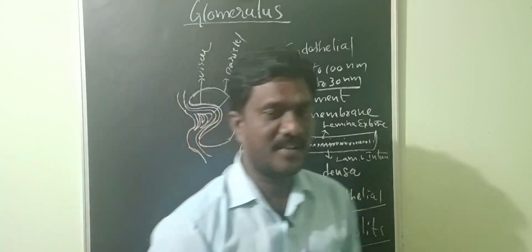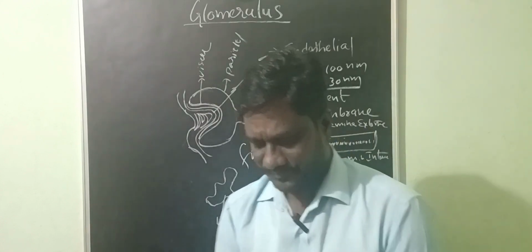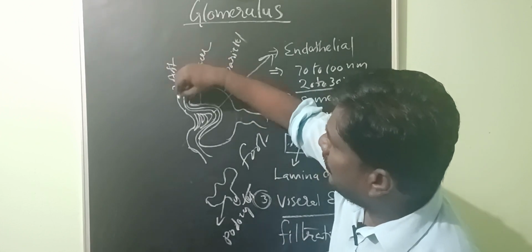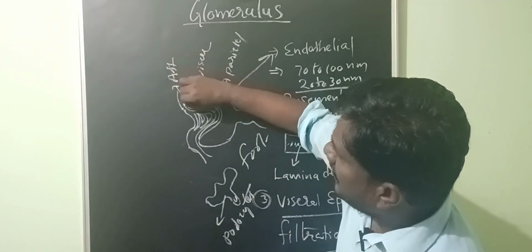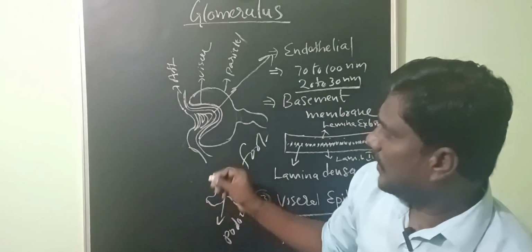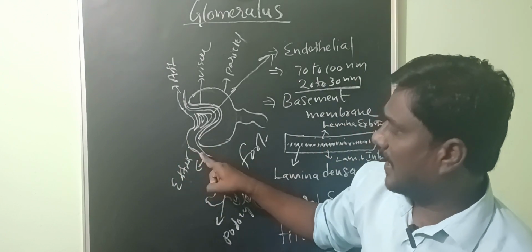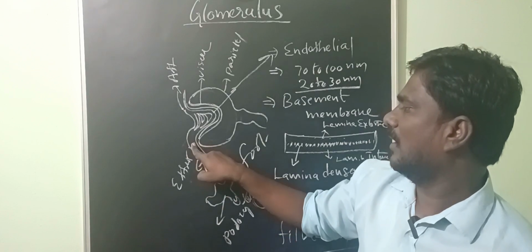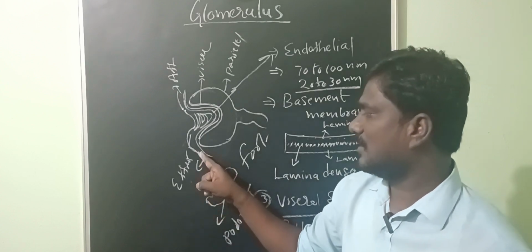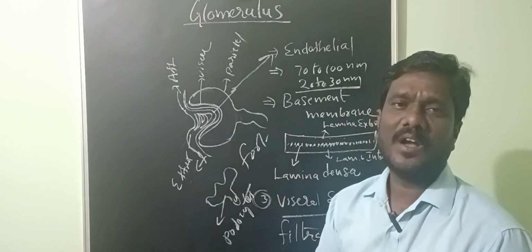Next, how the filtration process takes place. The afferent arteriole has a wider lumen, whereas the efferent arteriole has a narrow lumen space, a narrow outlet.